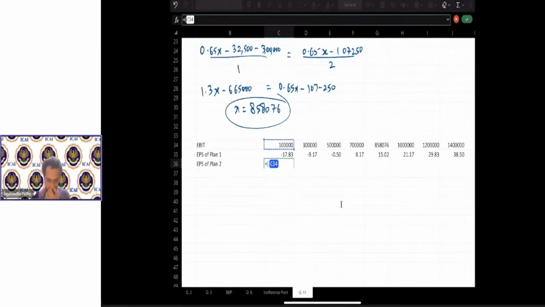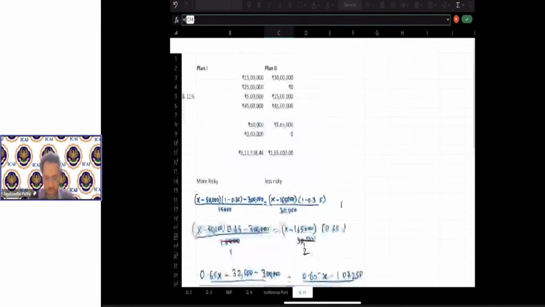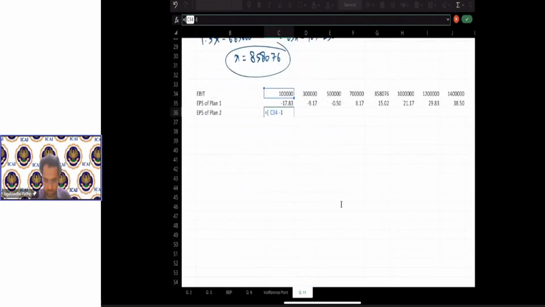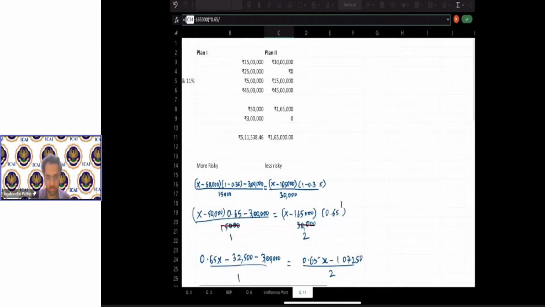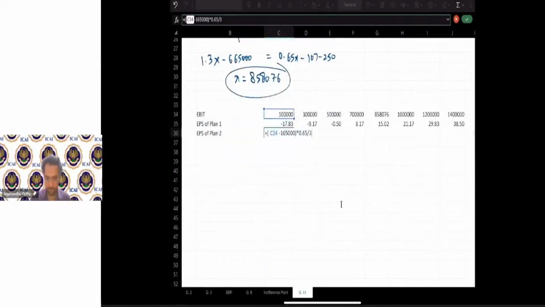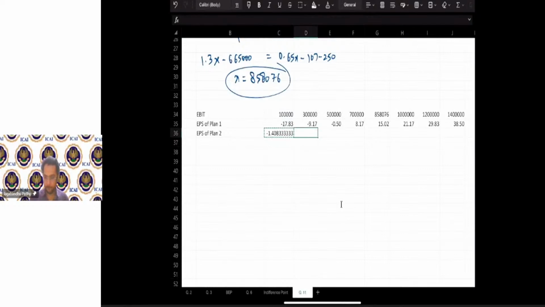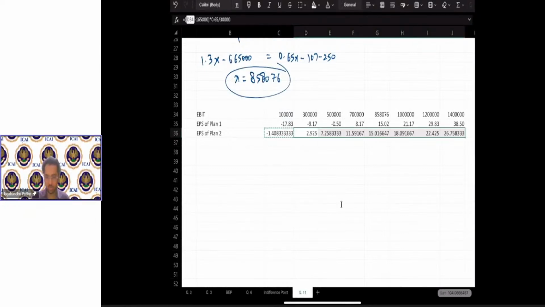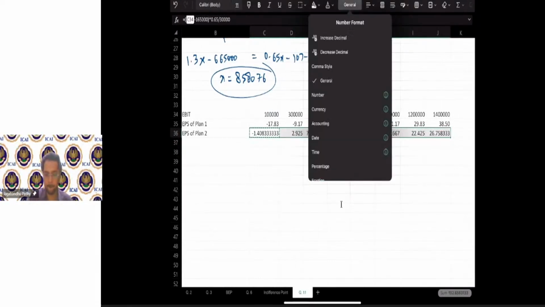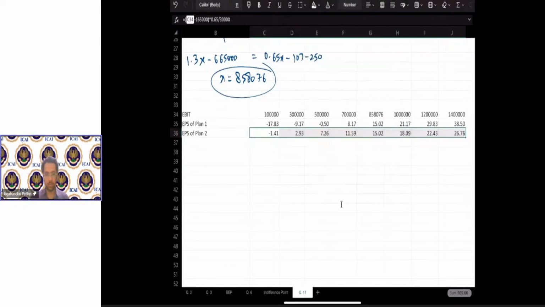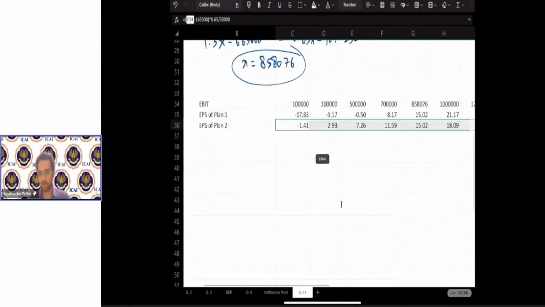We have EBIT less interest of 1,65,000, and this multiplied by 0.65 divided by the number of shares as 30,000. So here we get the EBIT and EPS figures.